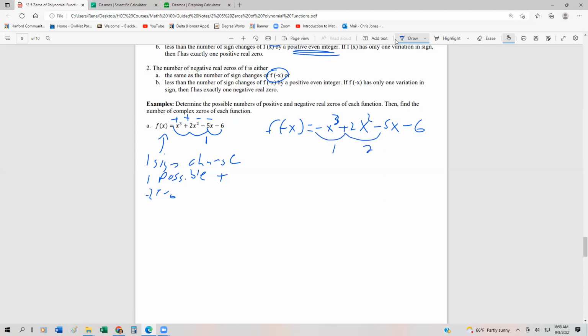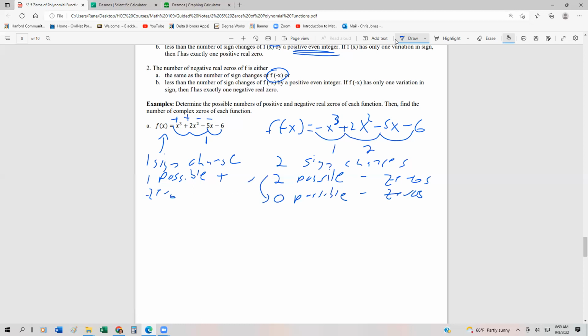Now over here, negative to positive, so that's 1. Back to negative, that's 2. And then this stays. So there are 2 sign changes. And so what that means is that there are either 2 possible negative zeros, or there are 0 possible negative zeros. And that's just because we subtract 2.